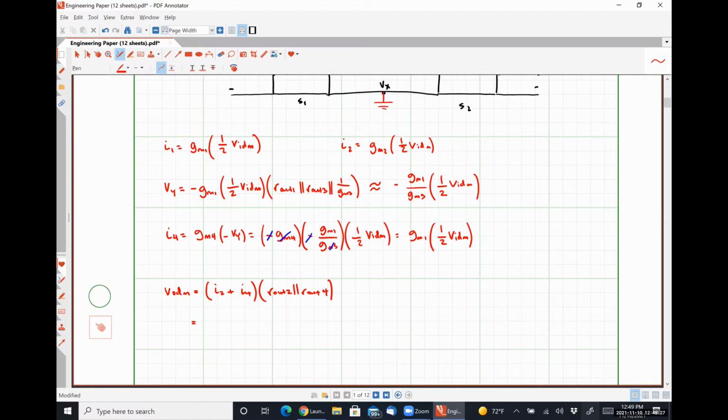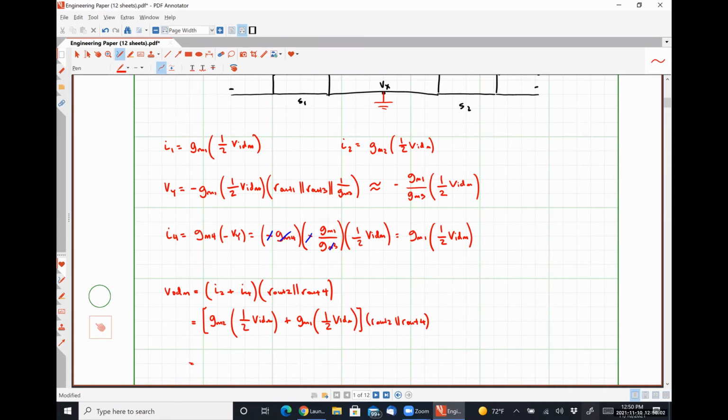Substituting in our relationships for I2 and I4, this is going to give us GM2 times 1/2 VIDM plus GM1 times 1/2 VIDM, multiplied by R out 2 in parallel with R out 4.